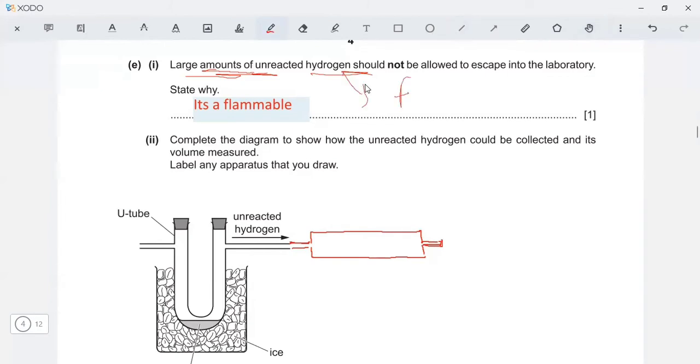If even a small amount of heat energy is provided, it will burn. It undergoes combustion even at a low temperature. If a little heat is provided, it will explode. That is why, as it is flammable, a large amount of unreacted hydrogen gas should not be allowed to escape. Understand? Okay, very good.